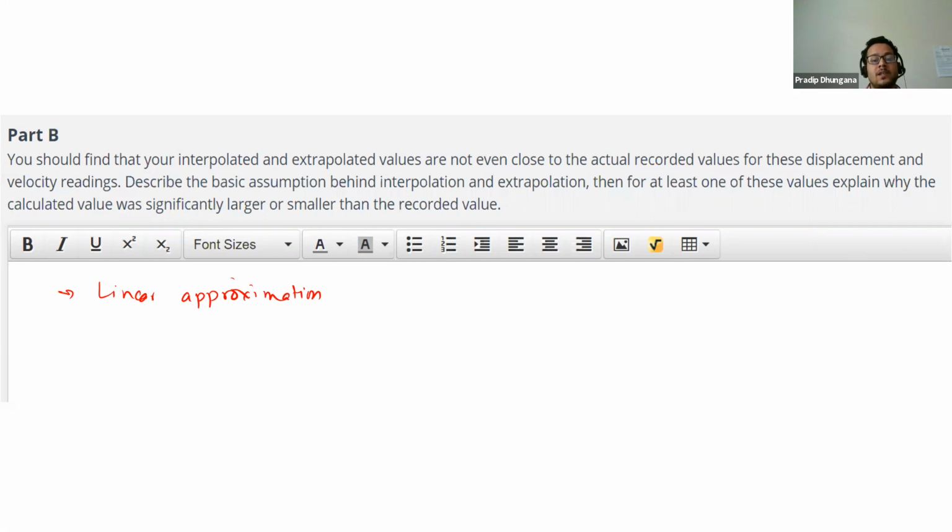So that is the reason whenever we use interpolation and extrapolation, we did not get the readings that are from the table, or we did not get the close readings that are from the table. Or you can think like that. We use linear approximation so that our interpolated and extrapolated values at t is equal to 8 seconds are different than measured values. You can explain in that way. That is all about part B.